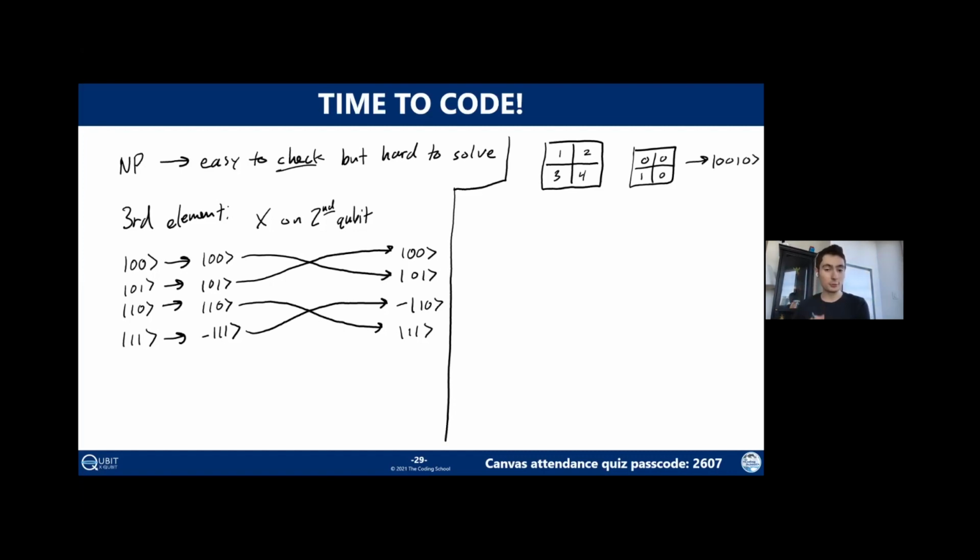So this is going to be a 4-qubit problem. If I had a state like 1, 1, 1, 0, that would be the state ket 1110. So we're just translating these into qubits so we can actually use these in the quantum algorithm.